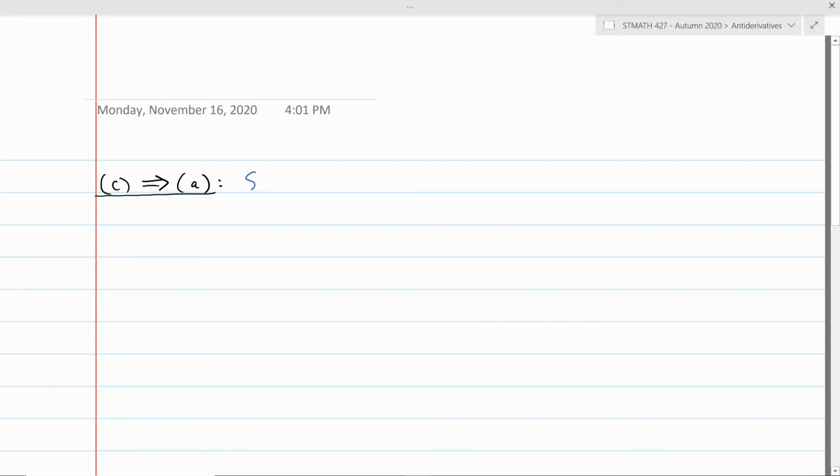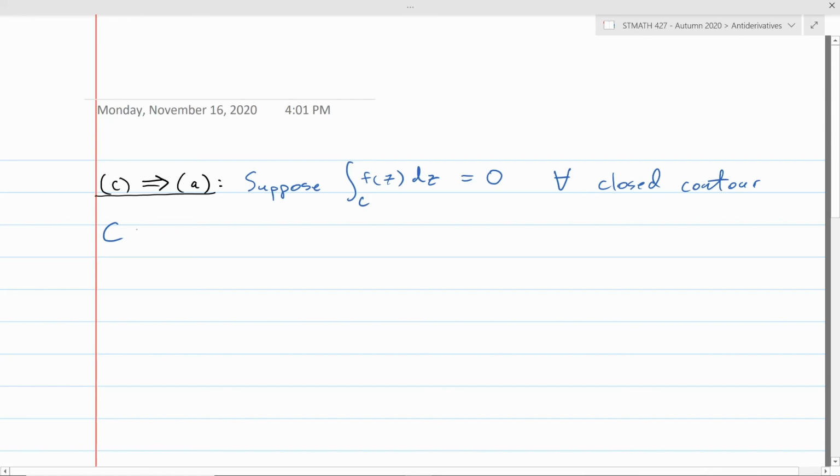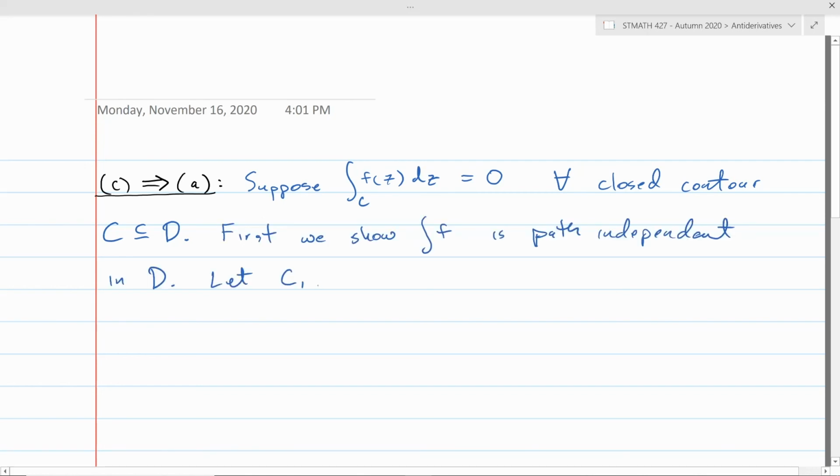So suppose the integral around C of little f of z dz equals 0 for every closed contour C contained in D. The first thing we're going to do is show that integration of f is path independent in D. So let C1 and C2 contained in D be any two contours from some fixed point Z1 in D to some other fixed point Z2 in D.